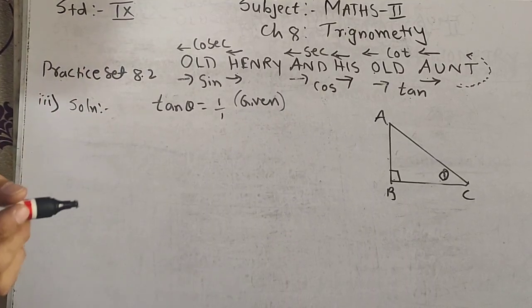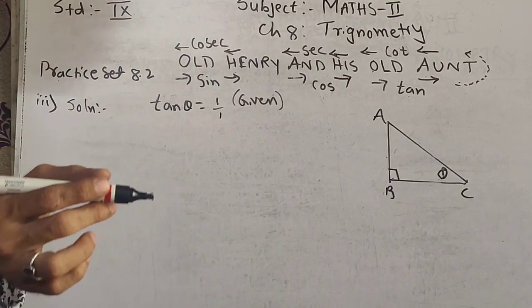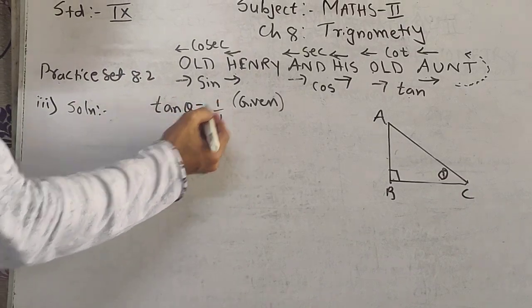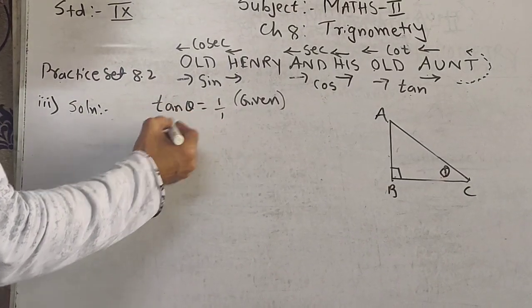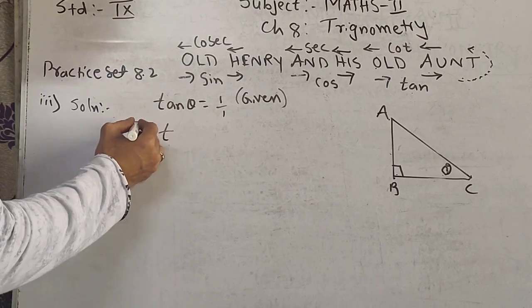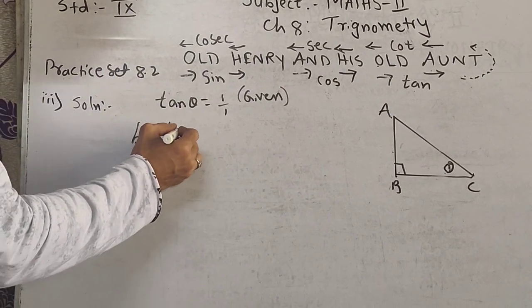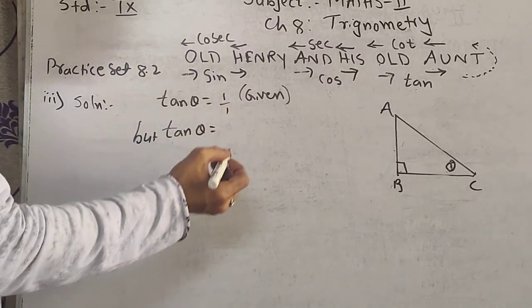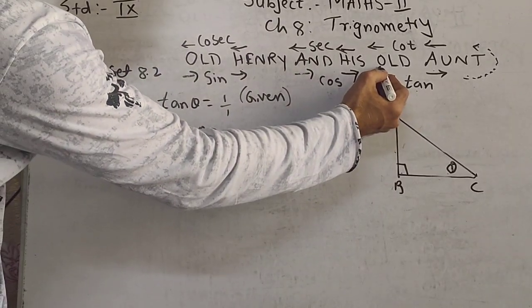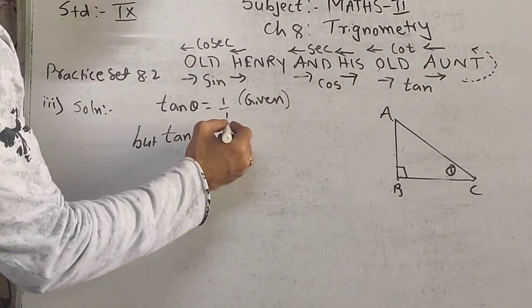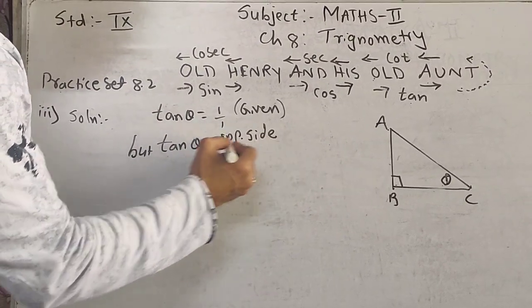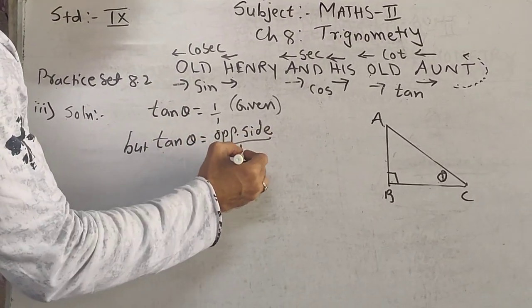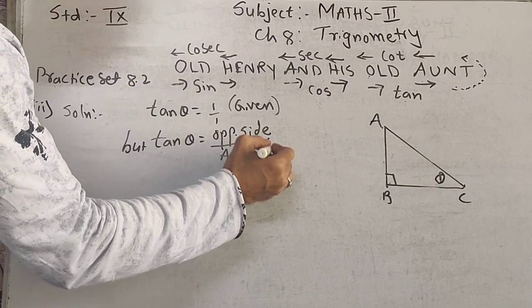Okay, now come to sum number 3, same type sum. Now tan theta is given 1. So 1 means 1 upon 1 we can write. Tan theta formula is opposite side upon adjacent side.